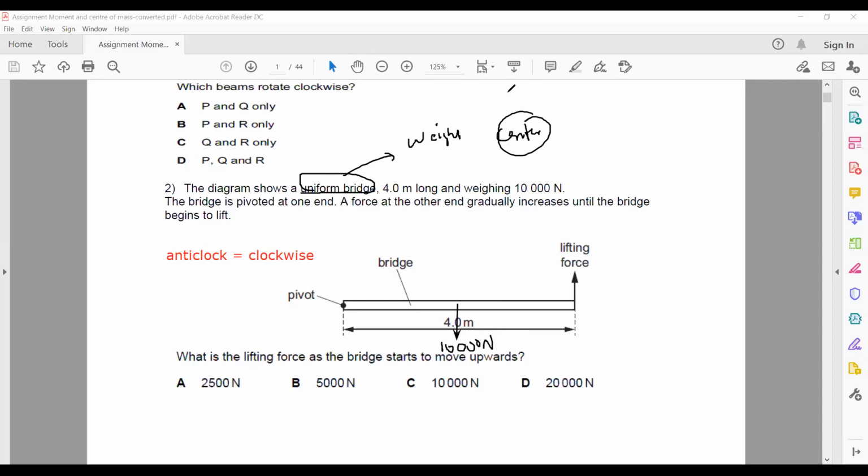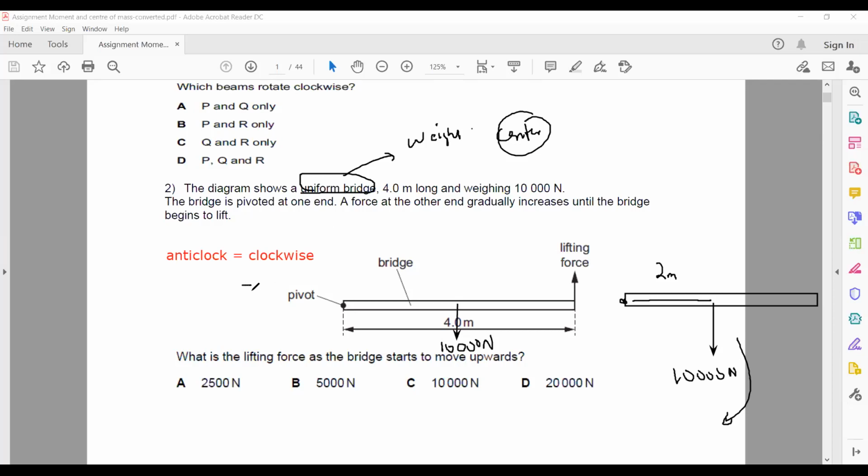If I draw this again, you can see the weight is acting down and the weight is 10,000. This is the pivot, and the distance from the pivot will be 2 meters because the weight is acting at the center. So the weight is causing a clockwise moment.